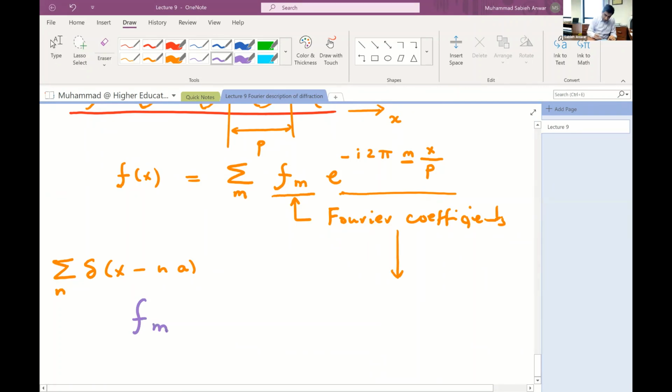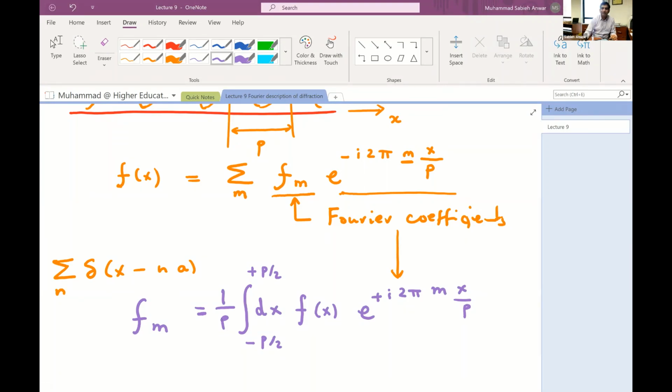How do we determine it? I take f(x), multiply it by e to the plus i 2 pi m x over p, integrate with respect to x from minus half the period to plus half the period, and divide by the period p. This is how I can determine the Fourier coefficients.